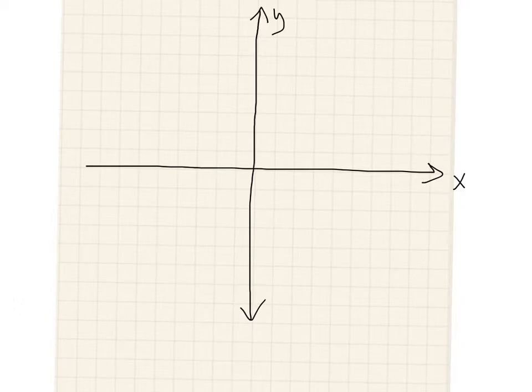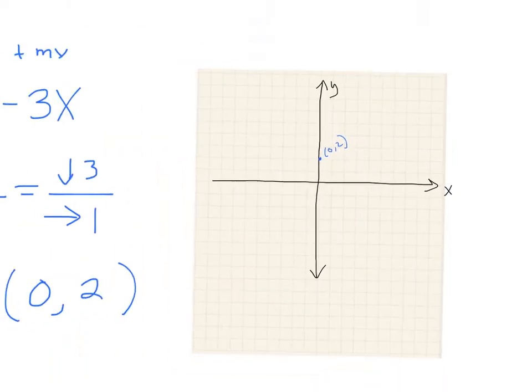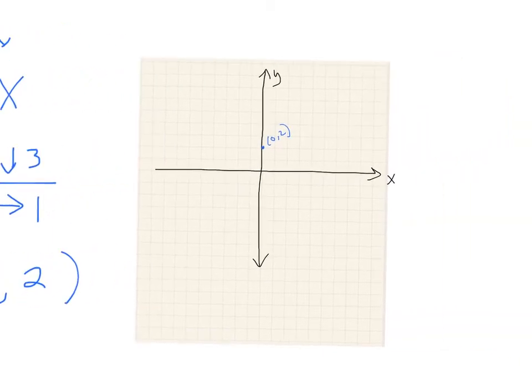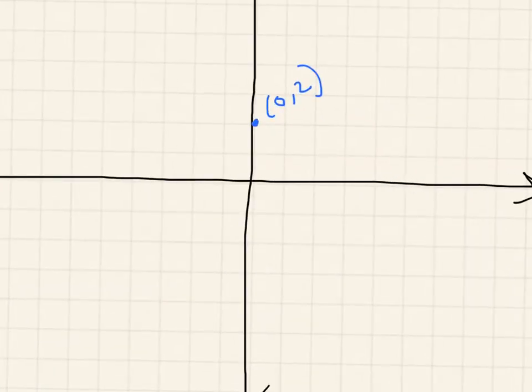We had 0, comma 2, so here's our 0, comma 2, and our slope was -3, so down 3 to the right 1. So down 3, there's 1, 2, 3, and then to the right 1. And there's how we find a second point. And if you want to go down 3 again and then to the right 1, you find another point.